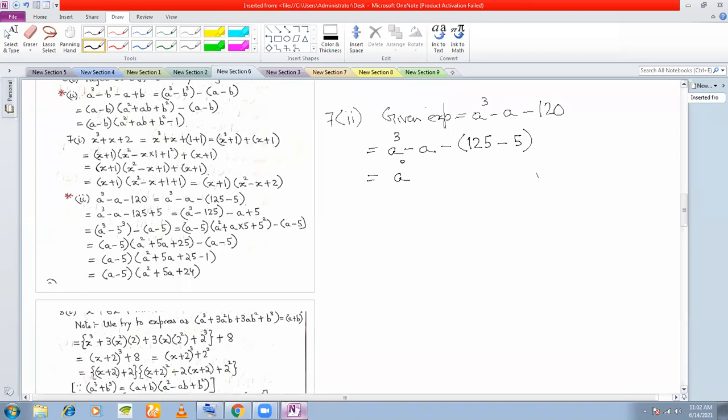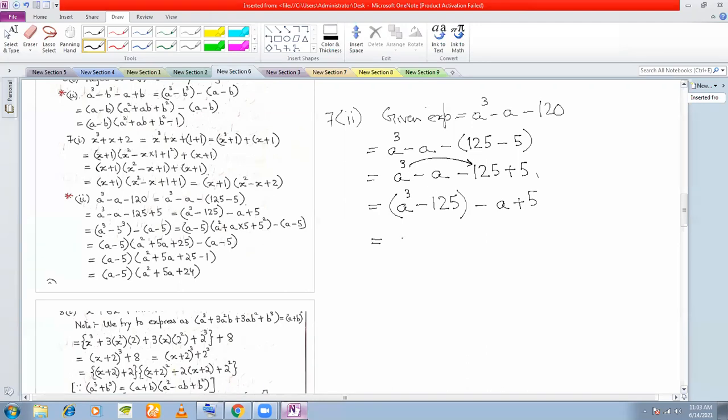which is a cube minus a minus 125 plus 5. Now you write this as a cube. Now you take these two perfect cubes together, a cube and 125. A cube minus 125 you take together, minus a plus 5 you take together. Okay, I have still not introduced brackets for the last two.